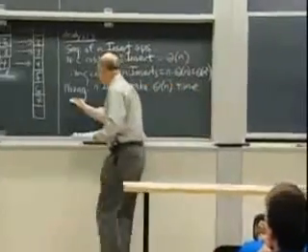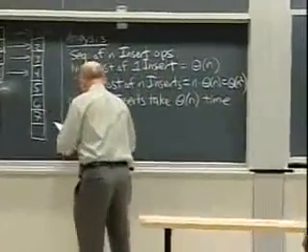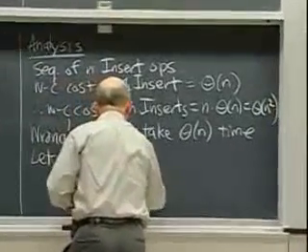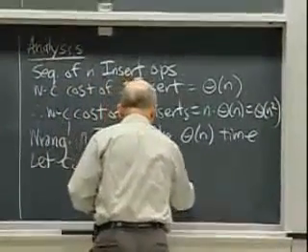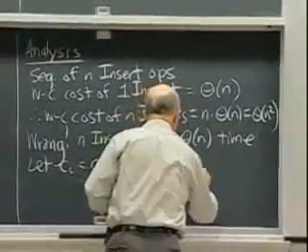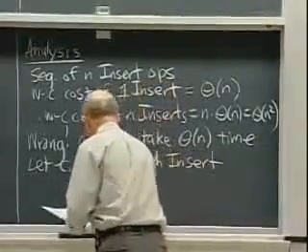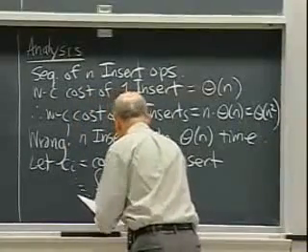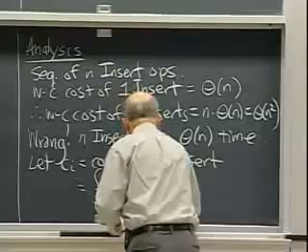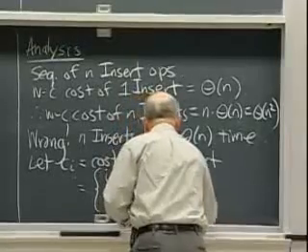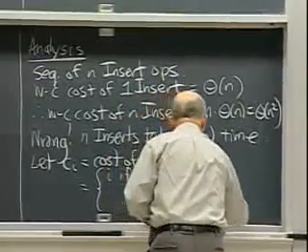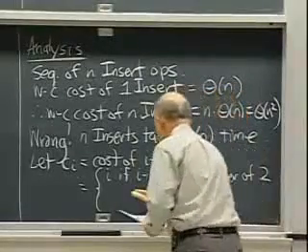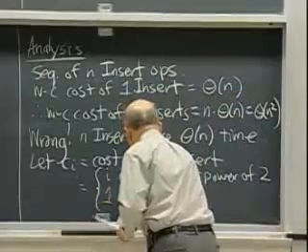Okay? So let's let C sub i be the cost of the ith insert. Okay, so that's equal to i if i minus 1 is an exact power of 2, and it's 1 otherwise.